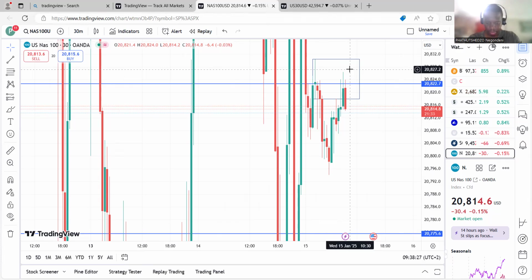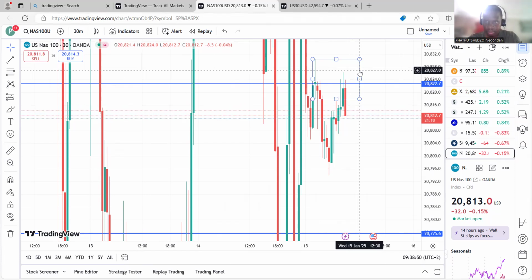So now I'm just gonna put my stop loss. My stop loss is just gonna be at 2815.46, my stop loss just has to be at, let me just use this one, 2827.0.